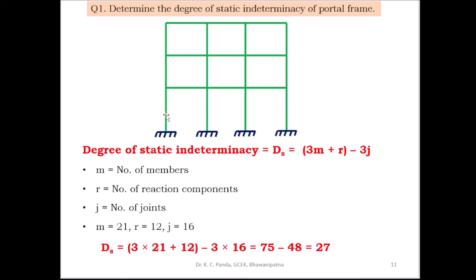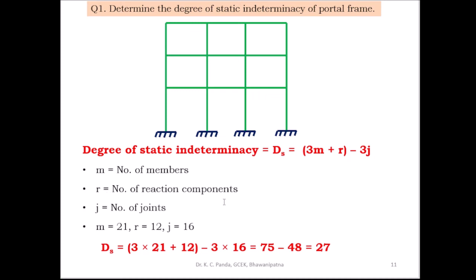Here you see 1, 2, 3, 4, 5, 6, 7, 8, 9, 10, 11, 12, 13, 14, 15, 16, 17, 18, 19, 20, 21. 21 members. So m is equal to 21.